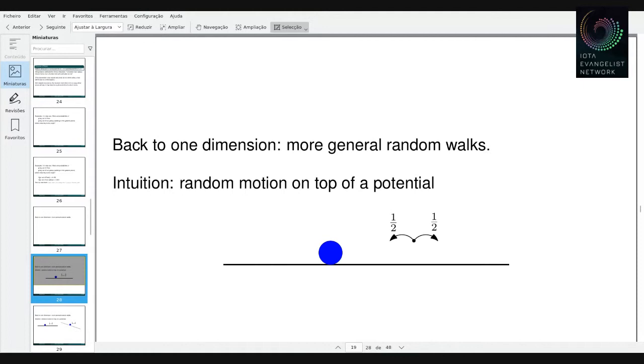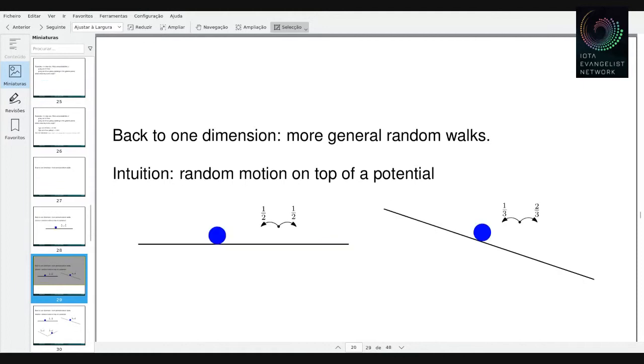Now, what happens if you consider something different? Let's say this drunken person goes to the left with probability 1/3 and to the right with probability 2/3. So it has a kind of drift to the right in this case.